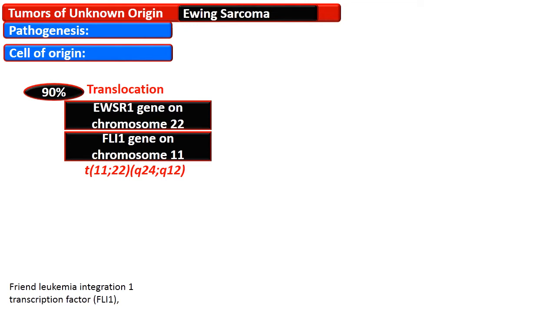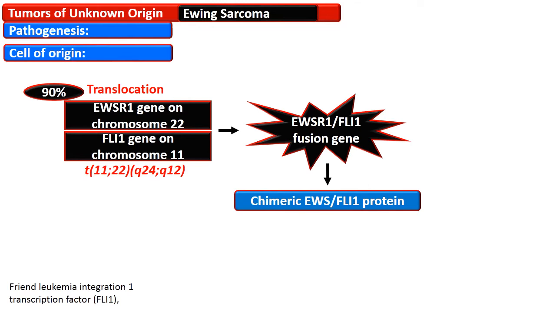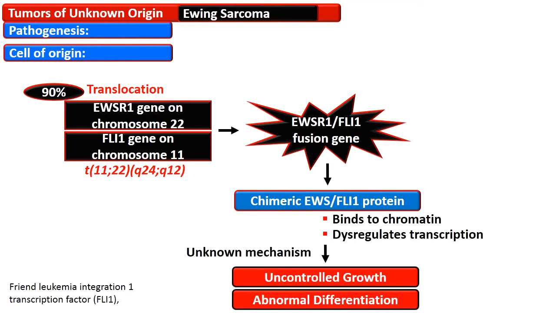They fuse together and form a fusion gene, and this fusion gene will encode a chimeric EWS-FLI1 protein. This chimeric protein binds to the chromatin and dysregulates the transcription process, and through uncertain mechanisms there is uncontrolled growth of the cells and abnormal differentiation of the cells.